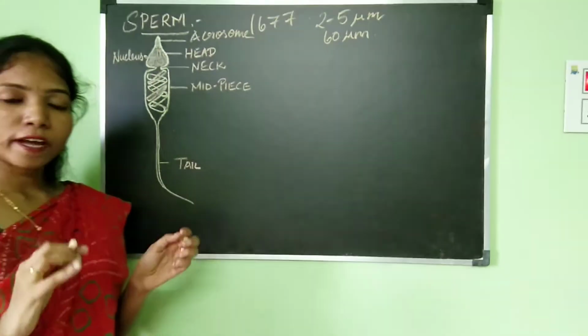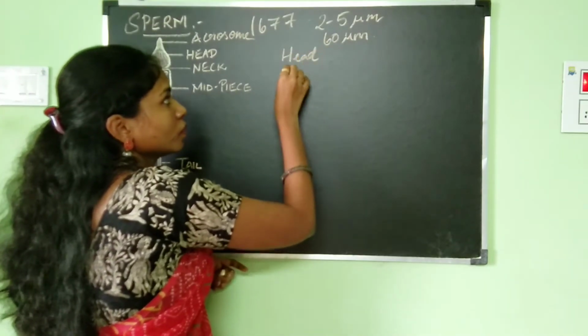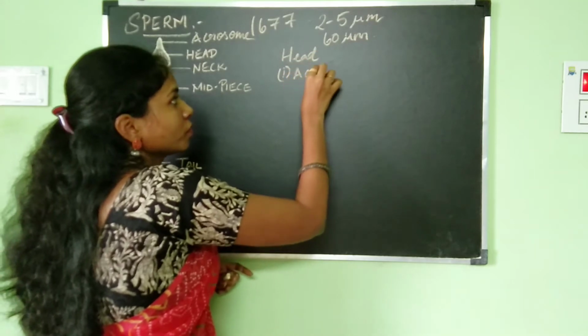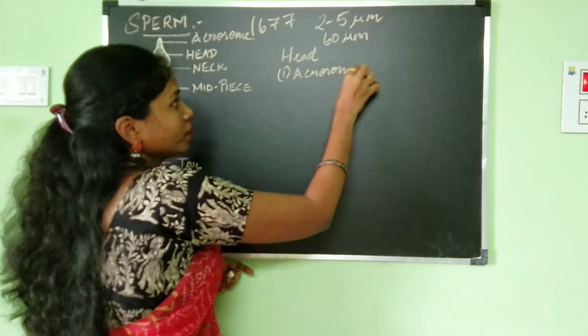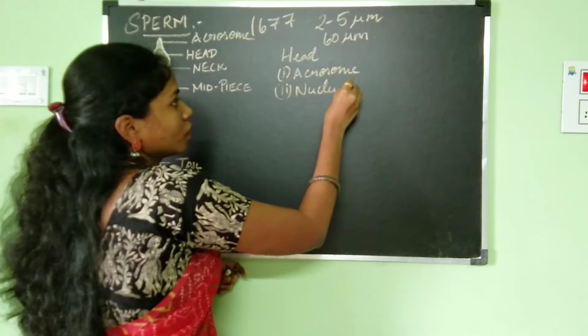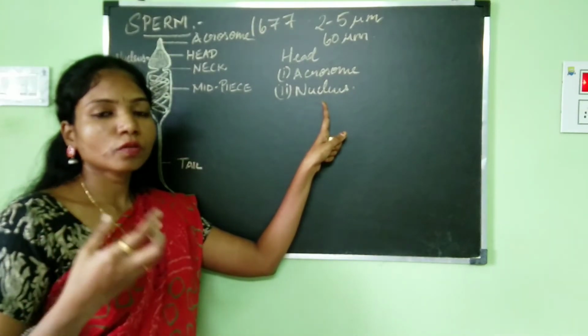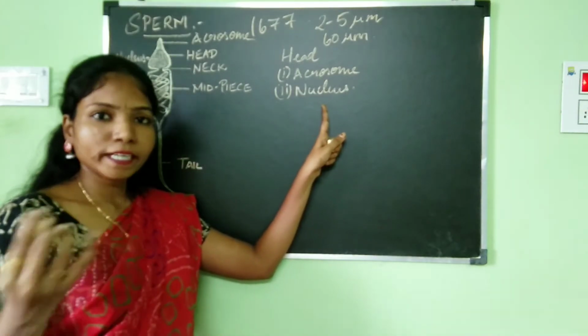So the head is going to have these two things only. Okay, so you all know what is going to be the function of the nucleus. The nucleus is only going to be carrying the genetic material.